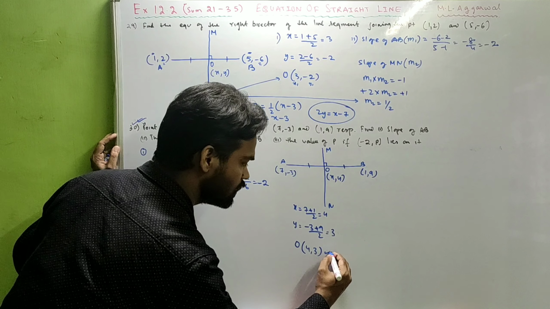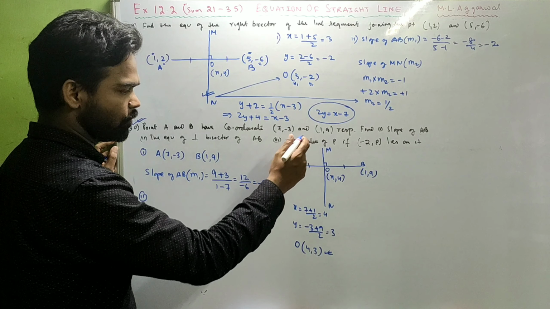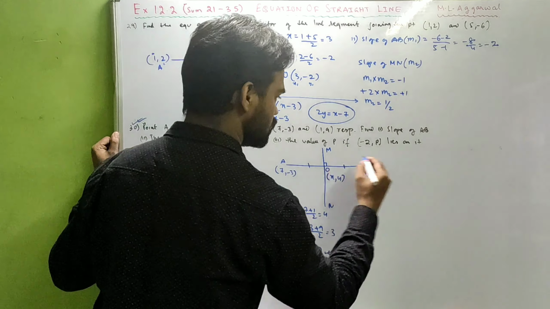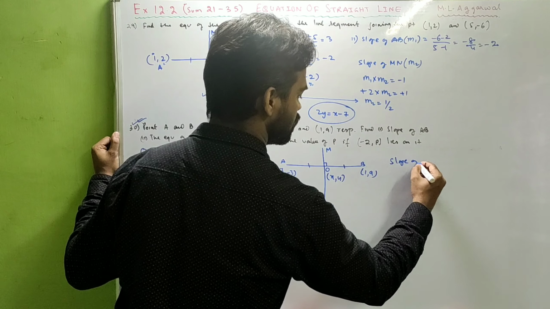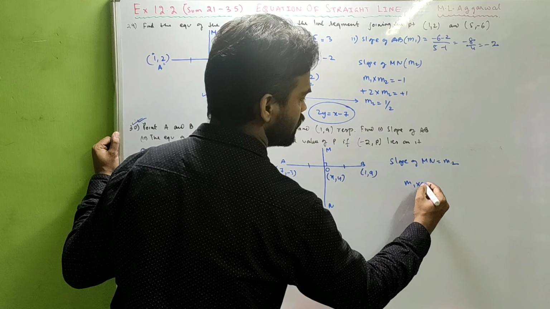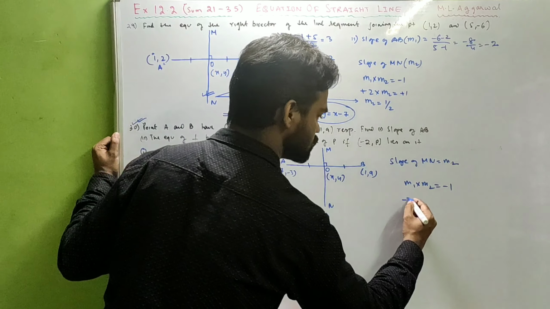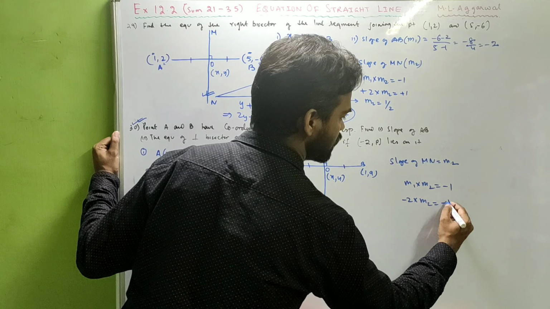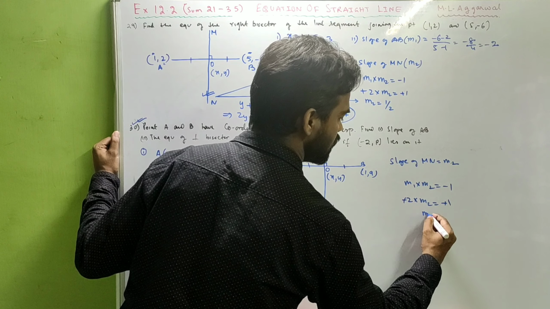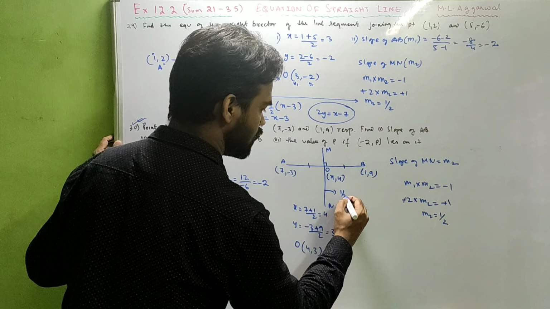Now you have the coordinate. And the slope of MN, we can get, see, slope of AB is minus 2. So slope of MN, suppose M2, we know M1 into M2 is minus 1. M1 is how much? Minus 2. So minus 2 into M2 is minus 1, which means M2 is half. Now we have the slope of this also, half.